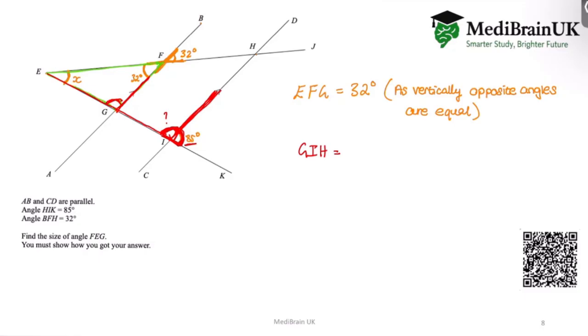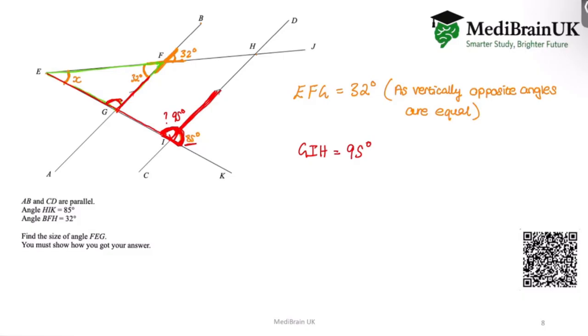Why is it going to be 180 subtract 85 degrees? Because angles on a straight line add up to 180 degrees. So 180 subtract 85 is going to get you an answer of 95 degrees. So this question mark is going to be 95 degrees.